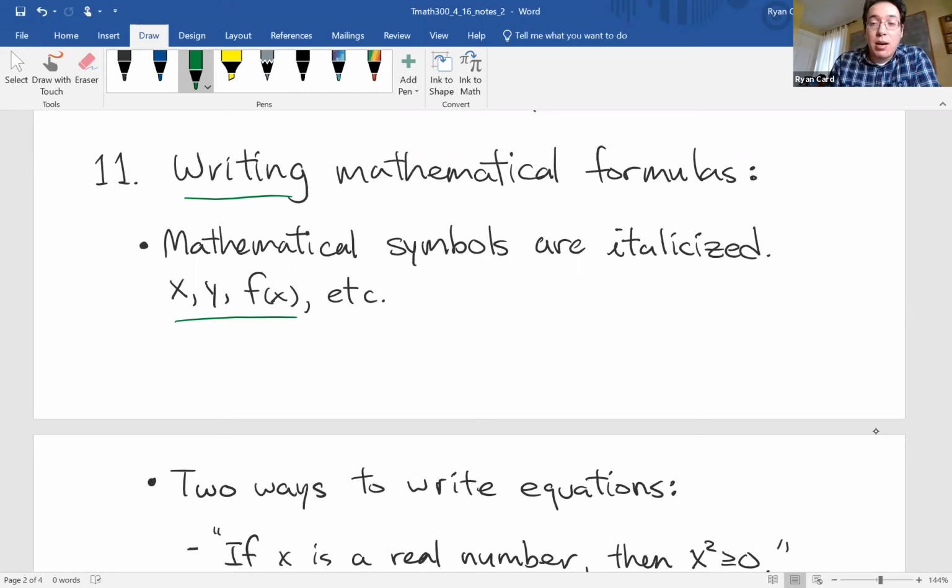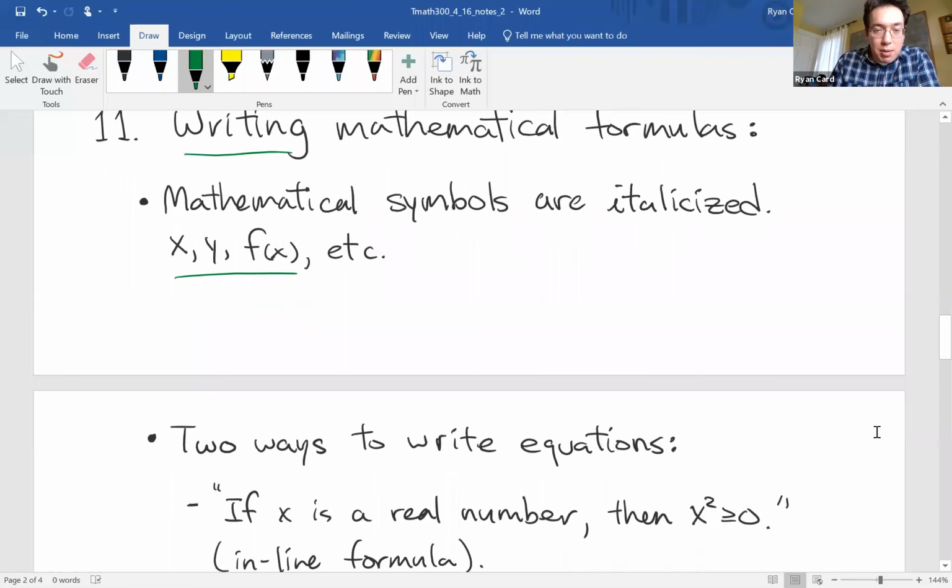So if you're typing it up, you should highlight it and do Control I, or click on the italicized icon to make it italicized. This goes for names of sets. Like if you want to write a set A, that should be italicized, and so on. So variables, constants, functions, sets, everything should be italicized.